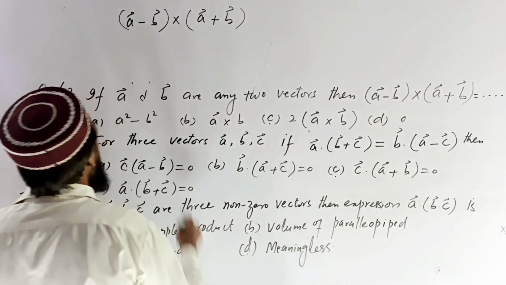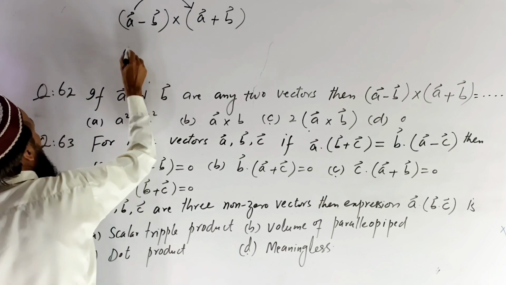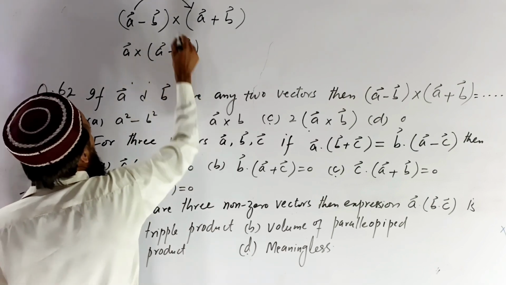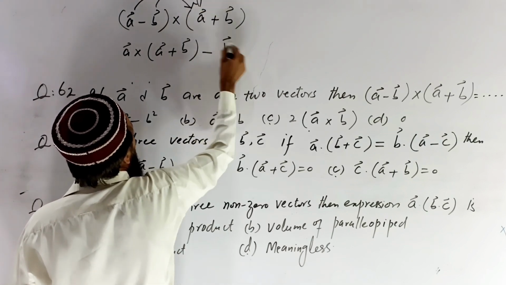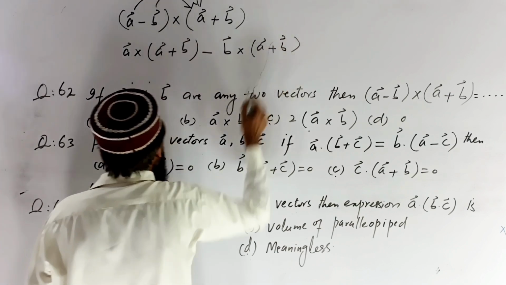How do we calculate? Applying the distributive law, first we multiply A with A cross plus B. Similarly, minus B vector cross A plus B vector.